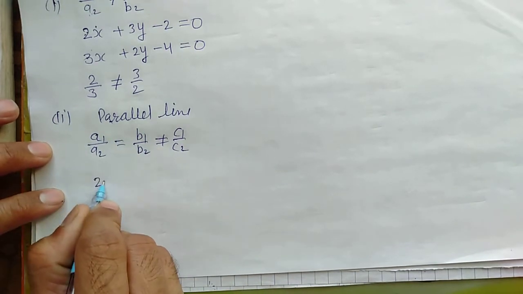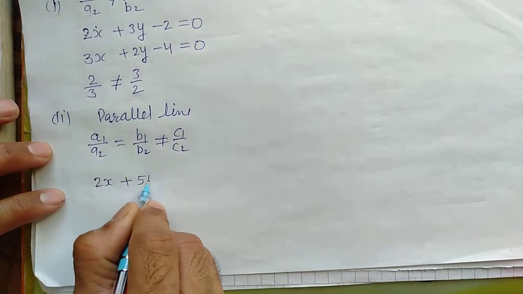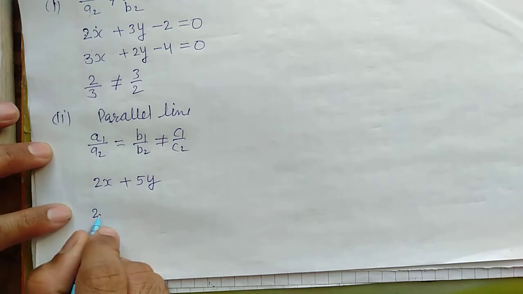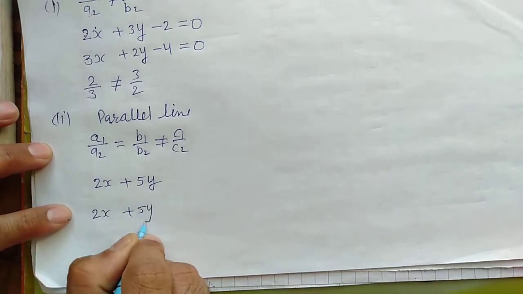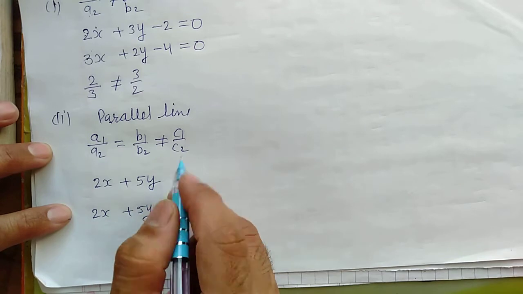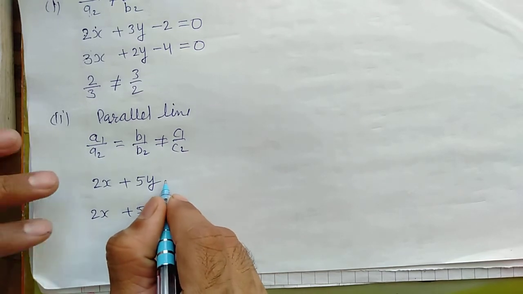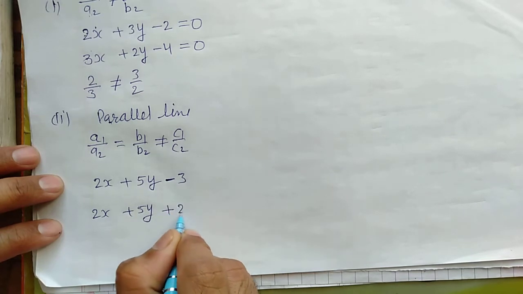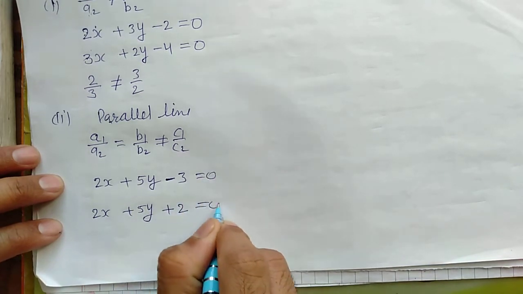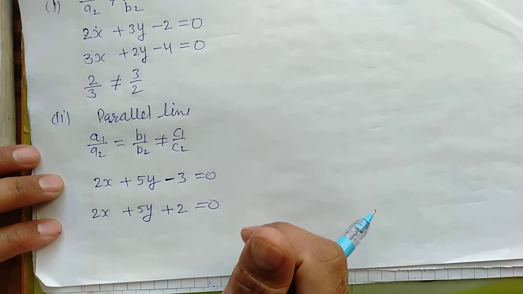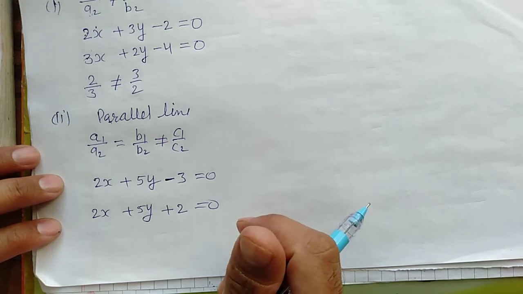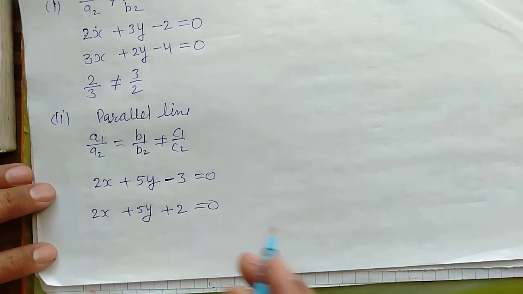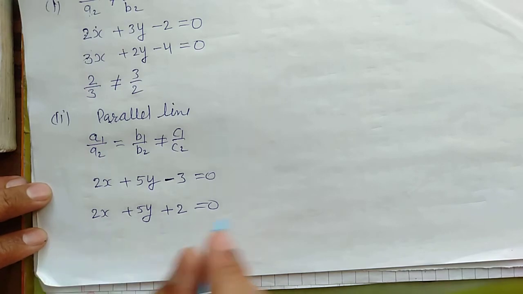Suppose I am writing here 2x plus 5y. So in the other equation also 2x plus 5y are the same. Here c is not equal. So write anything, minus 3 and here plus 2 equals 0. See, these are parallel lines. Easy. Next one, number 3.